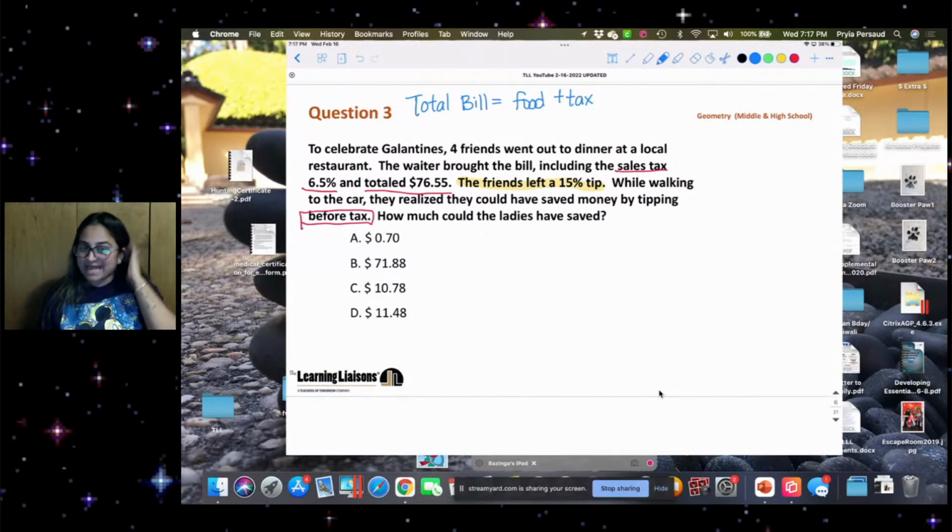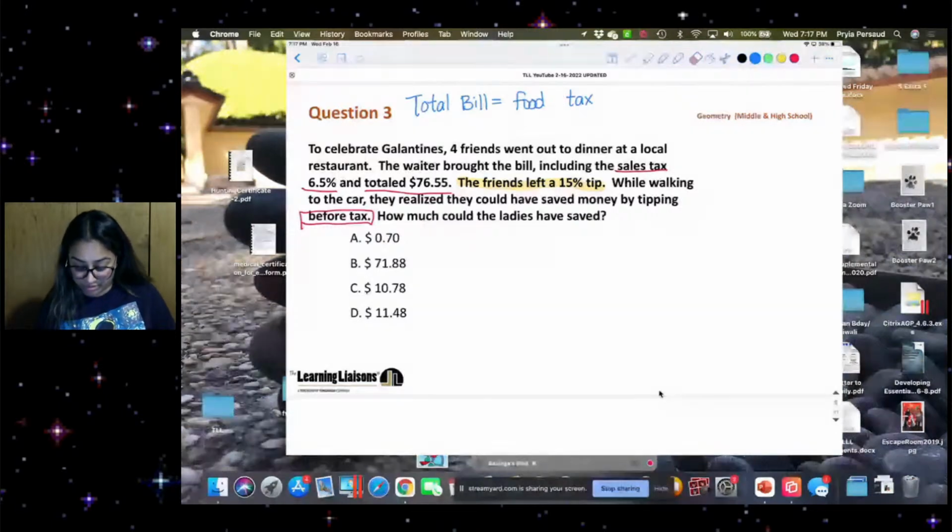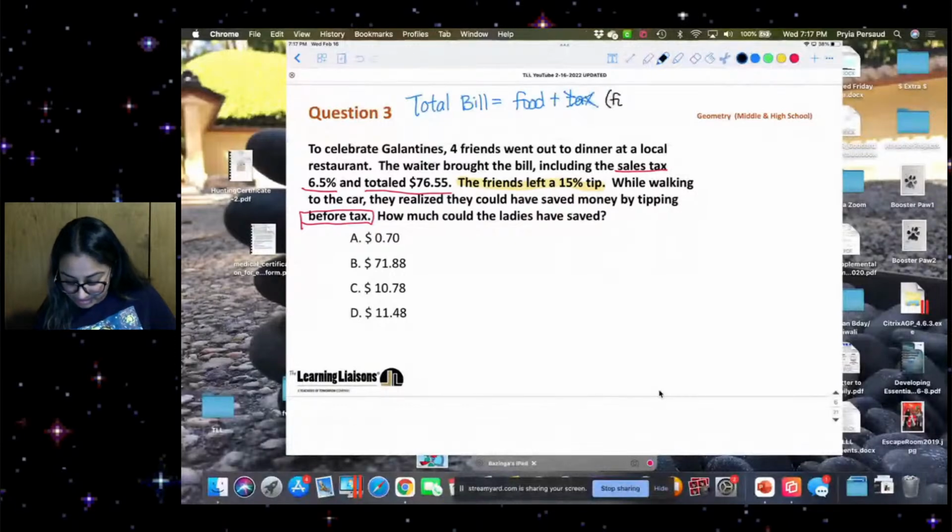But tax is not just 6.5%, it's actually 6.5% of the food. So what's a better way to represent that? It's the food times 6.5%. Okay, that looks a little bit better.